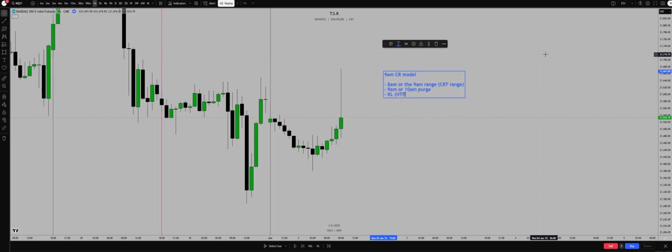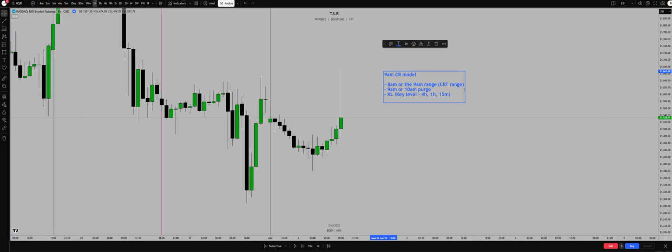So let's write key level: 4-hour, 1 hour, or 15-minute. The reason I'm not writing daily here is that usually a 4-hour key level is also going to be, for example, a previous day high would likely be a 4-hour swing high. So it's pretty much the same thing.